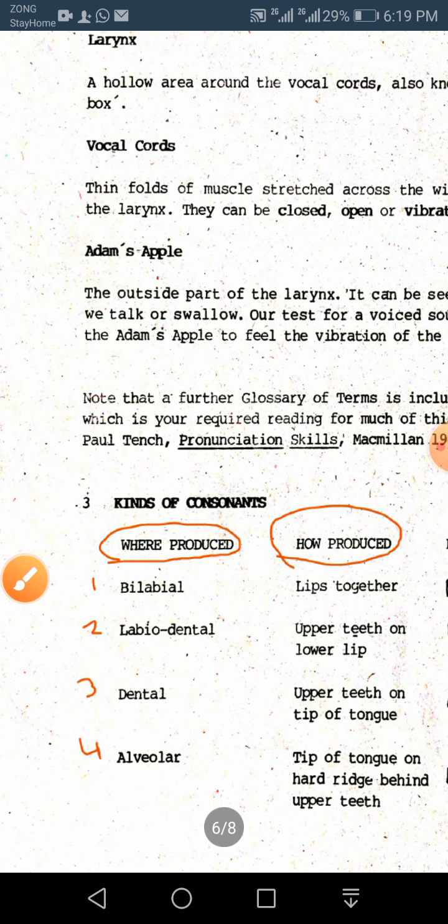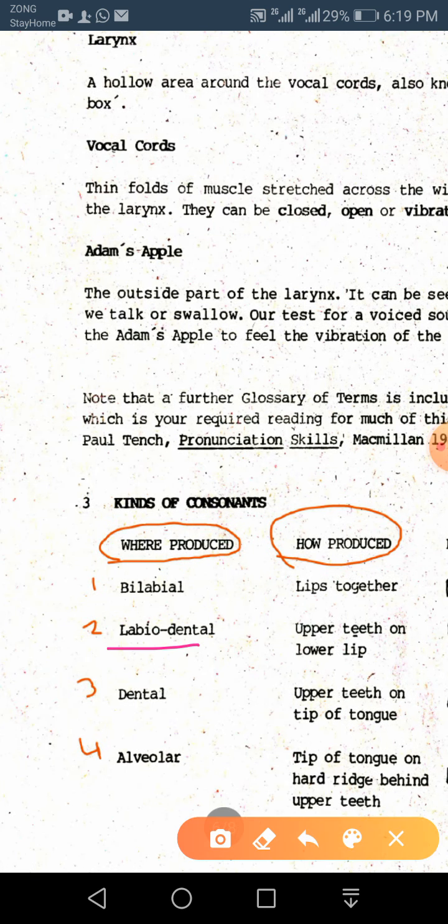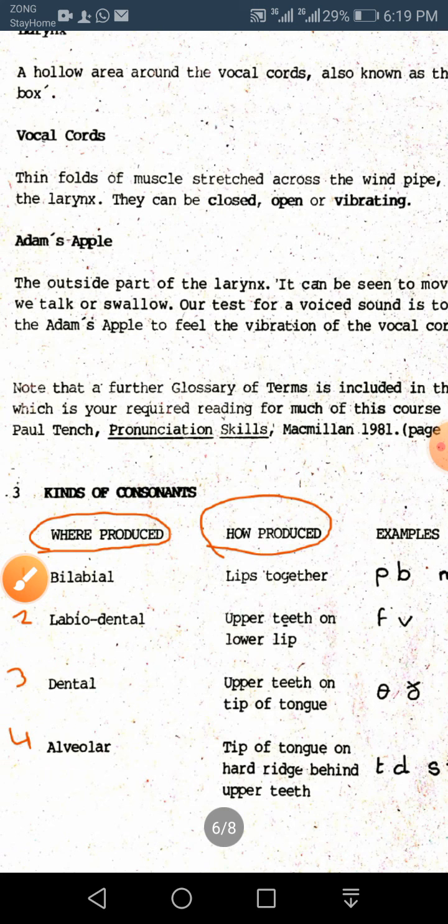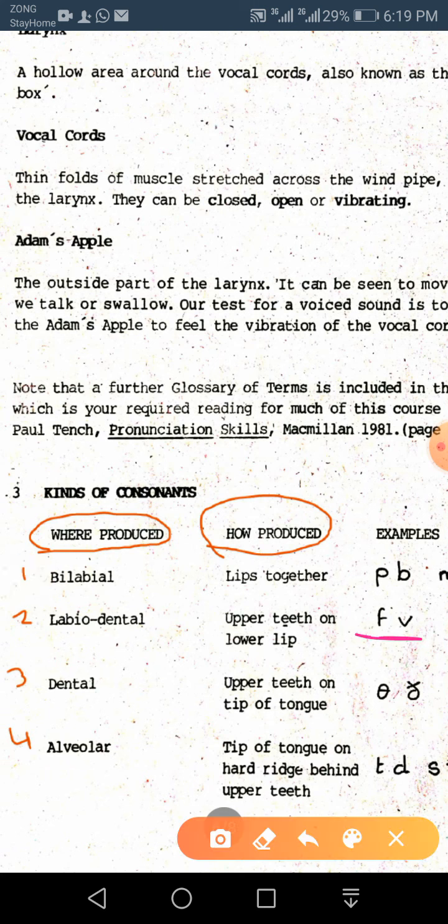Next is labiodental. This is the place of articulation, or place of production. What happens is the upper teeth go on the lower lip. Let me pronounce it. The first one is voiceless and the second one is voiced.